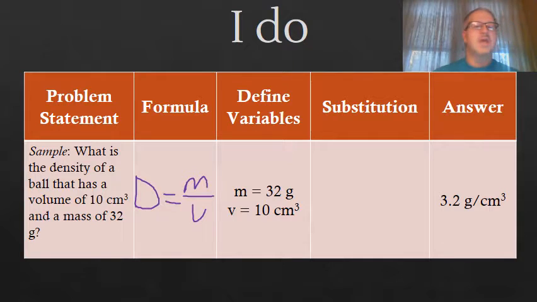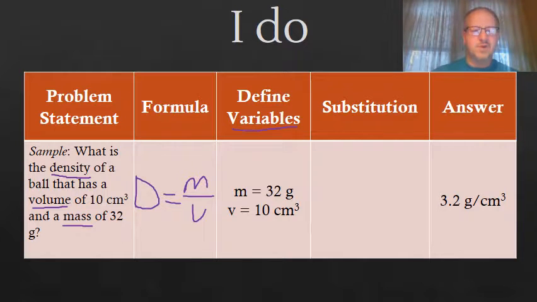That brings us to our variables. Variables are simply parts of the equation, information that we have. One variable is the volume, another is mass, and density is actually another variable. So there are three variables involved here, and they're represented in our formula.